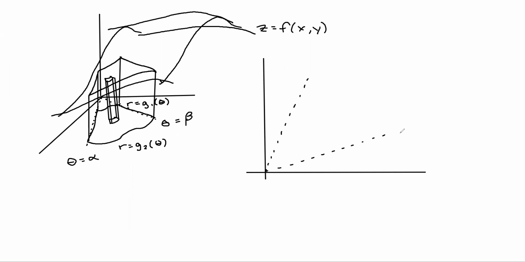Right, and then this one is theta equals alpha. Here's theta equals beta. And then we have a curved edge at the bottom, and we have a curved edge at the top. And then once you've done that, you can connect the dots here, connect the dots here.